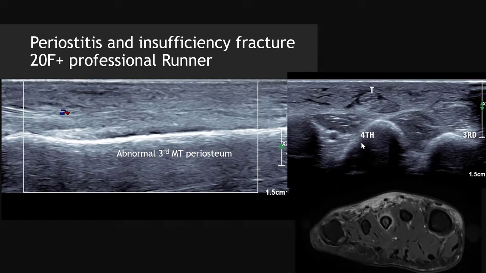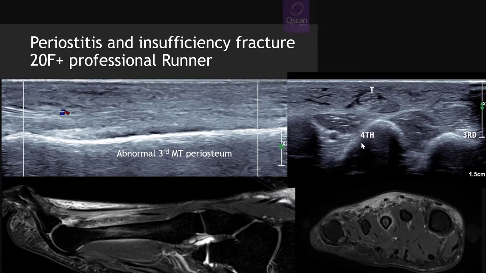But what we do see is a grade 2 stress fracture, meaning there's now high signal within the bone shaft, in addition to this periostitis that was confirmed in the axial view.